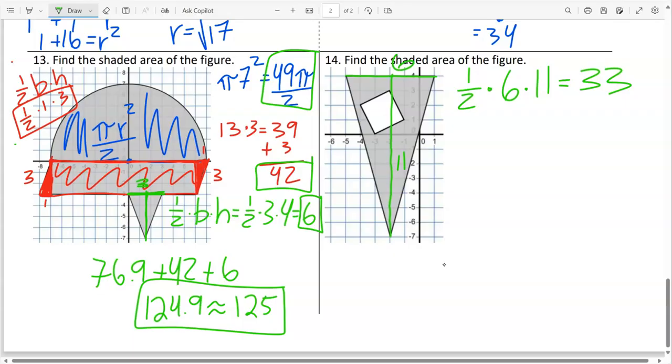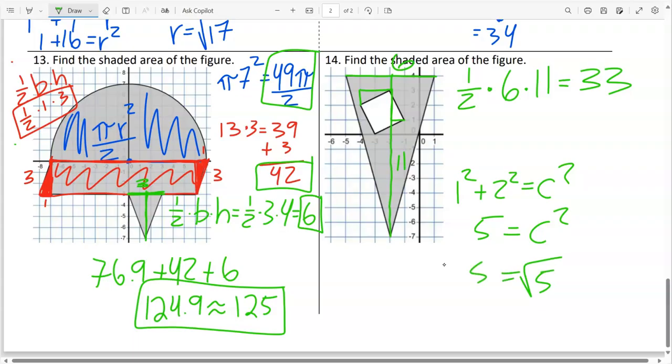Now we've got to subtract our square in here: up 1 over 2, down 2 over 1. So to find the length of that side, it is 1 squared plus 2 squared. 1 and 4 becomes 5. We have to square root both sides. So the side of our square is equal to the square root of 5. Let me show you.